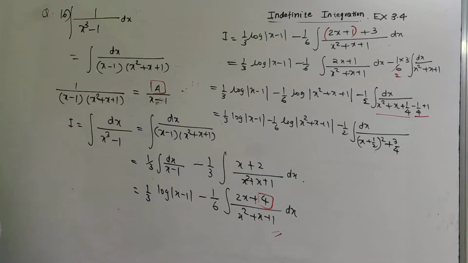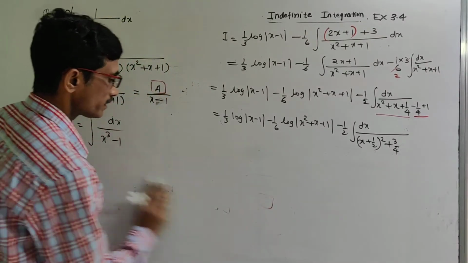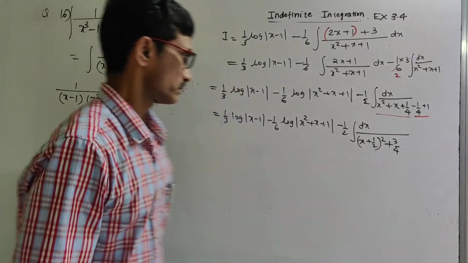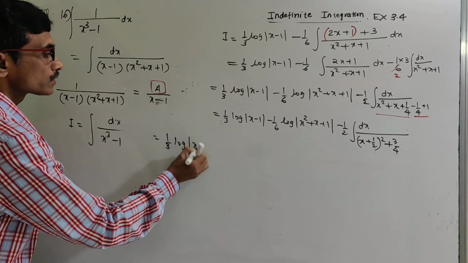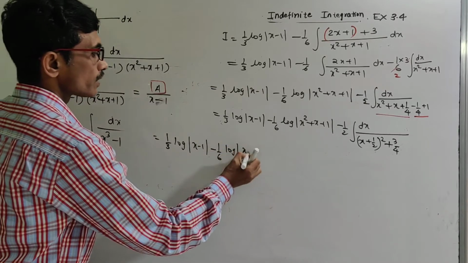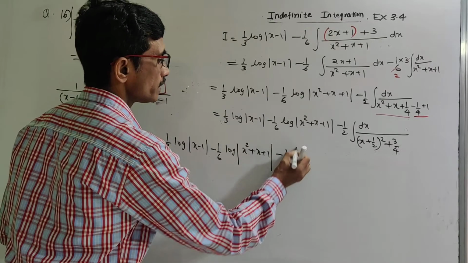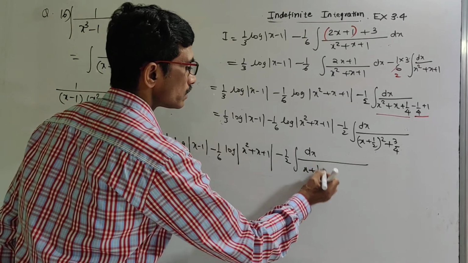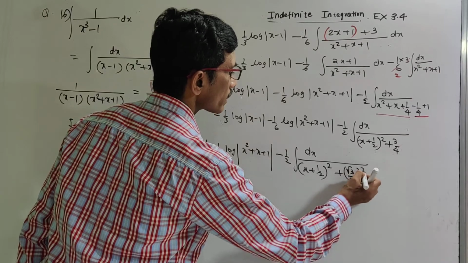Now this integral is of the form x square plus a square; the last integral will come in this form. 1/3 log of x minus 1 minus 1/6 log of x square plus x plus 1, minus 1/2 integral dx upon x plus 1/2 whole square plus root 3/2 whole square.